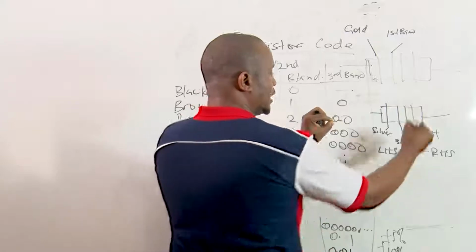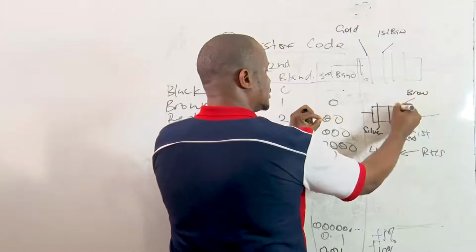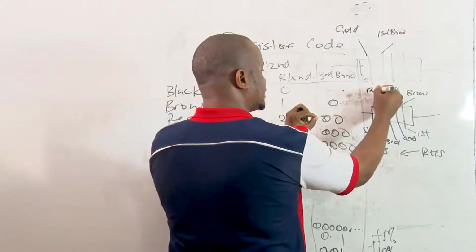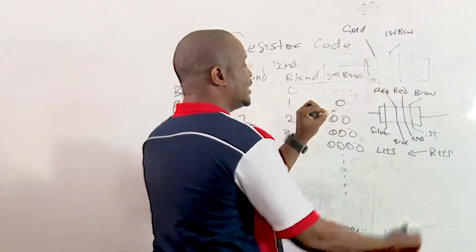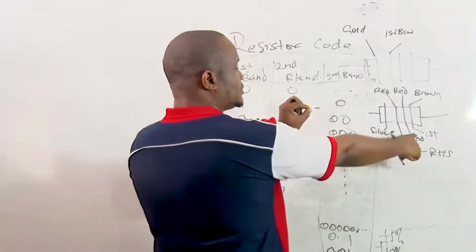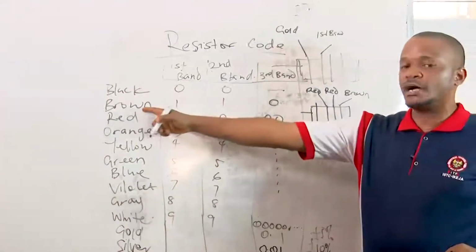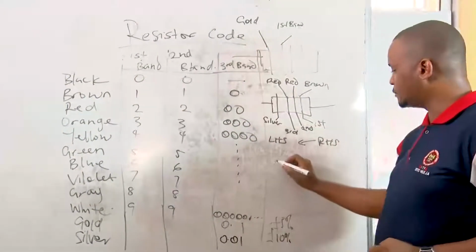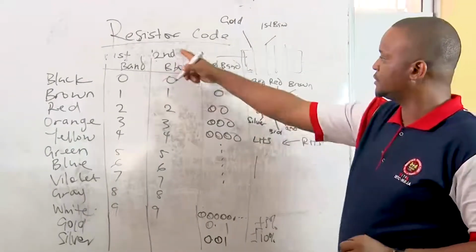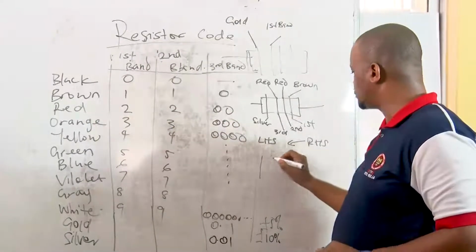Okay, so let's assume that this is brown, this is red, and this is also red, because you can have multiple colors. You can even have the same color all through. So what it means is that you go to the first band. What is on the first band? Brown is 1. So you write 1. On the second band, you have red. This is the column for the second band. What is red on the second band? That is 2.